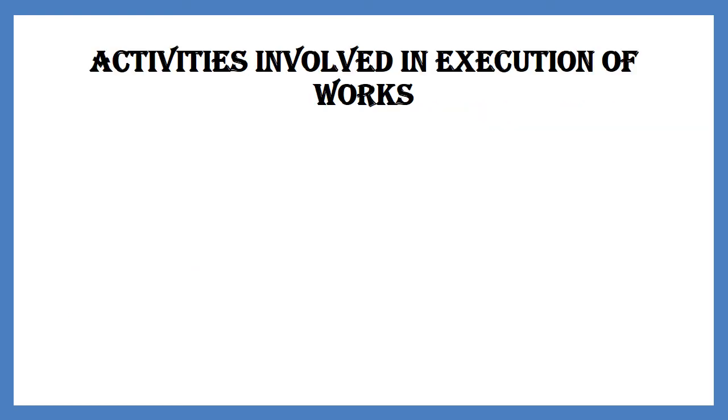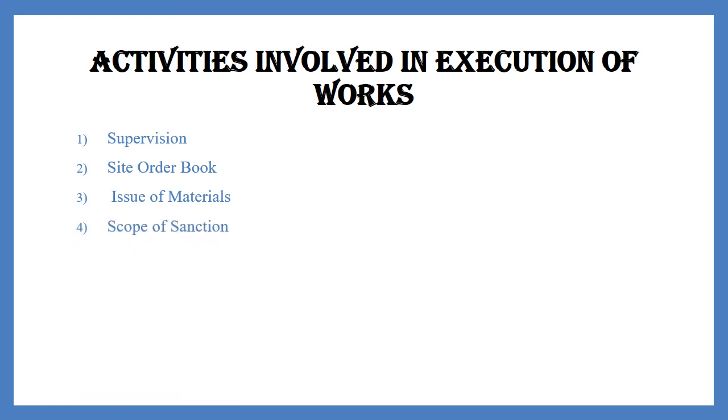The activities involved in execution of works. First one, there must be an effective supervision from the engineer's part. There should be a site order book. There should be details regarding the issue of materials. There should be scope of sanction.